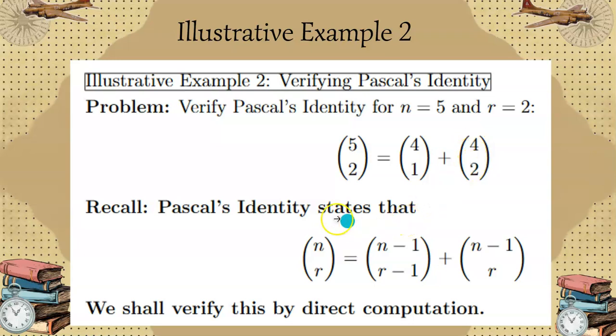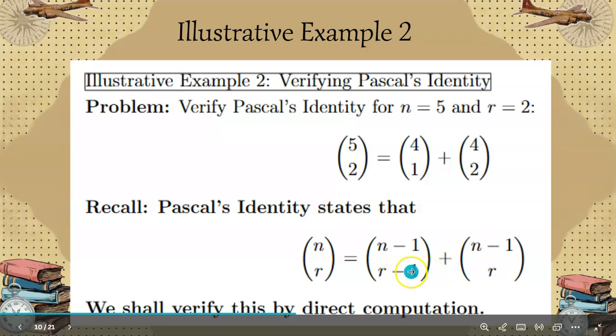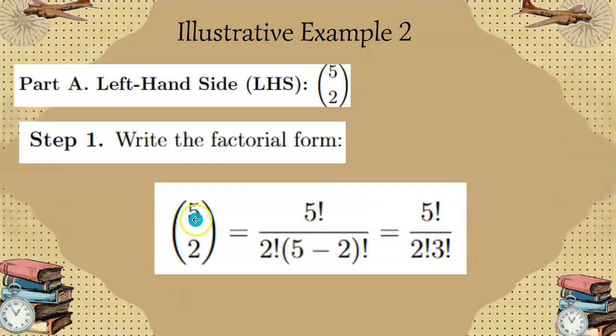So again, Pascal's identity means that each entry in Pascal's triangle equals the sum of the two coefficients directly above it, right? So we have n minus 1 and r minus 1 here. And we're going to verify this by direct computation. So let's start with the left-hand side.